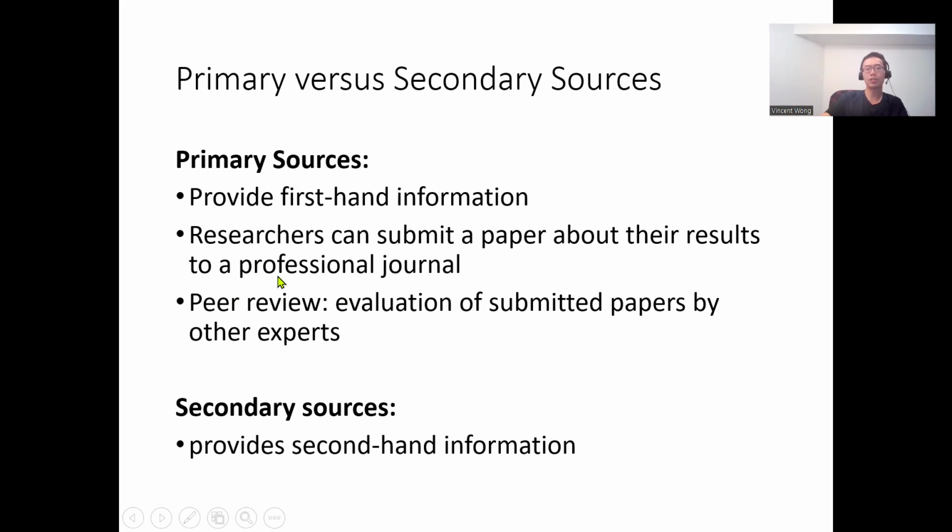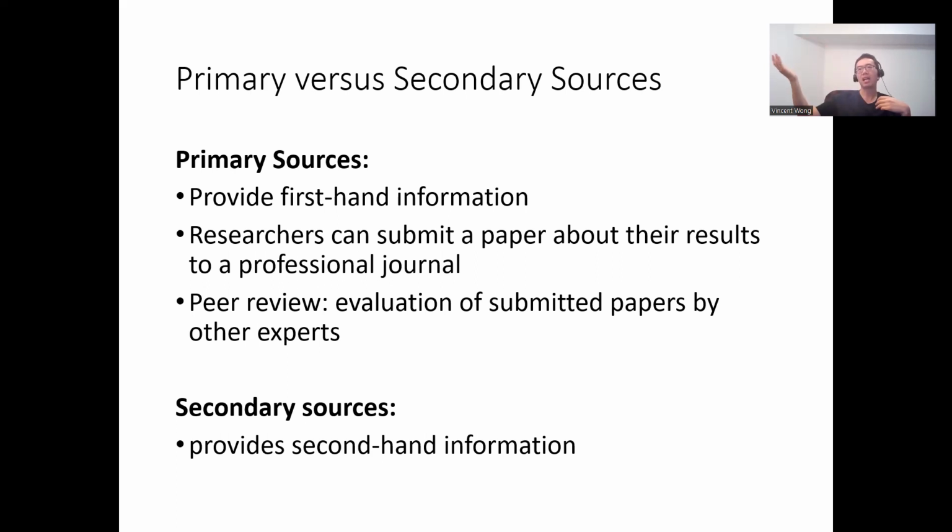And these journals are peer reviewed, which means in order for them to publish the result, some other experts in the field have to scrutinize it. They have the expertise to critique the work and make sure it's of good quality before publishing. So generally speaking, they are more reliable.